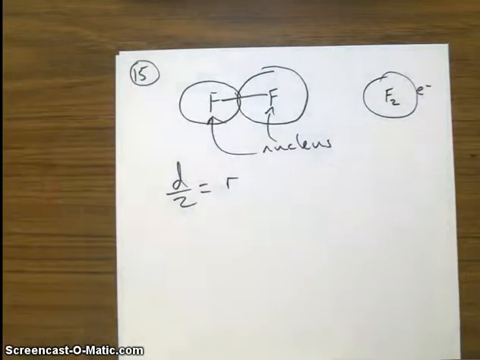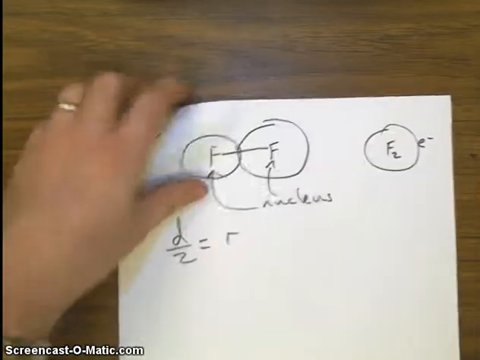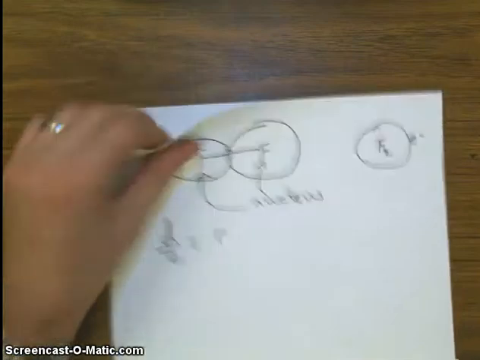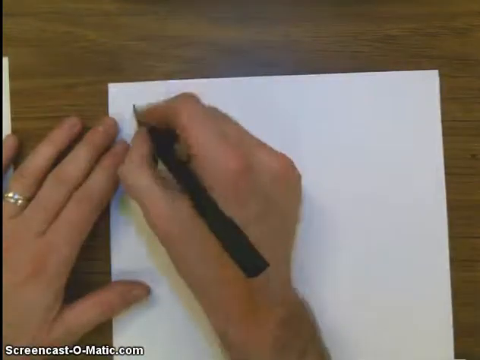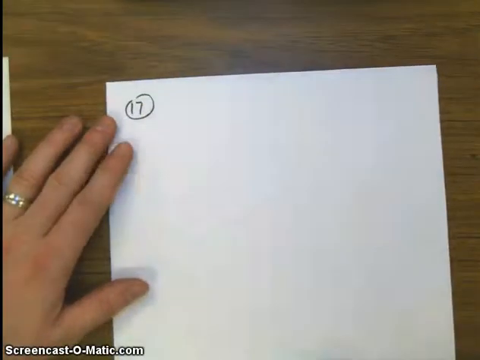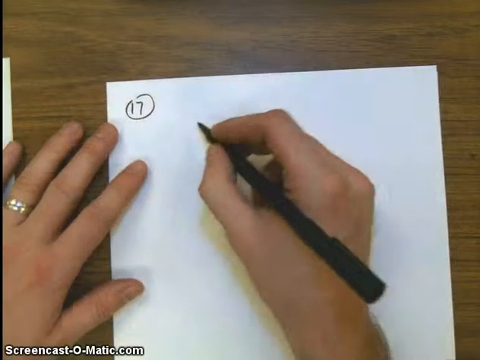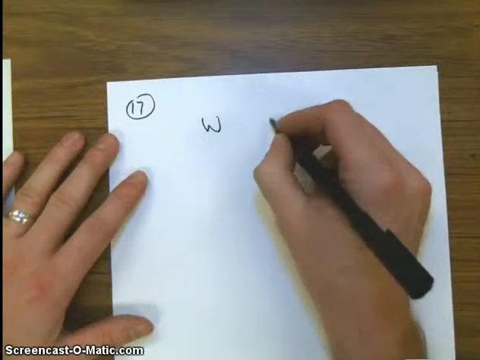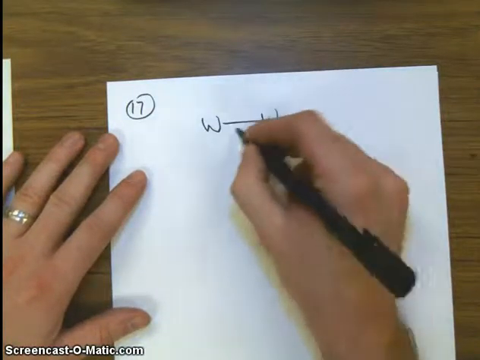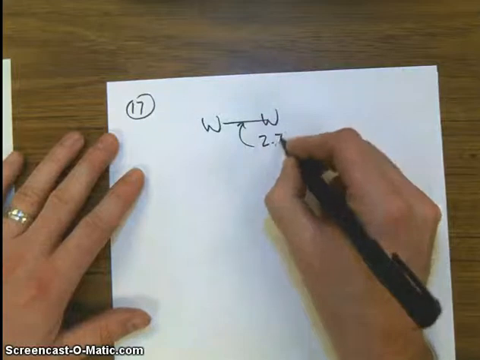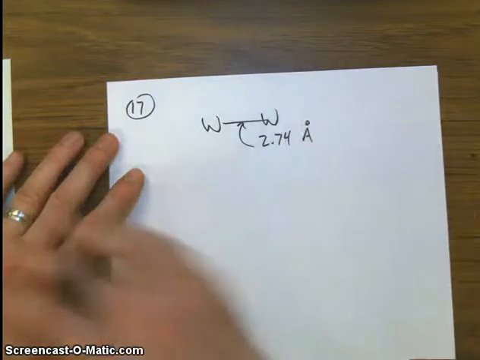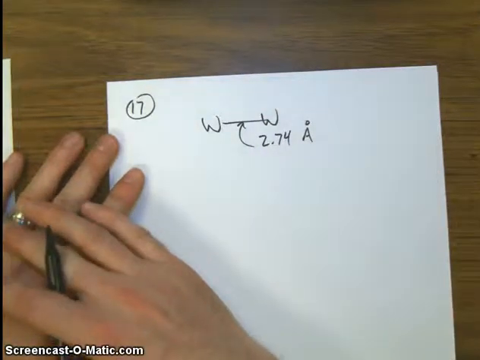All right, now I'm going to jump to another question, which is 17. 17 is, heck, one of the more simple questions we have here. It says that you have a distance between two tungsten atoms, and that distance is exactly 2.74 angstroms. And the question is asking for what is the radius?